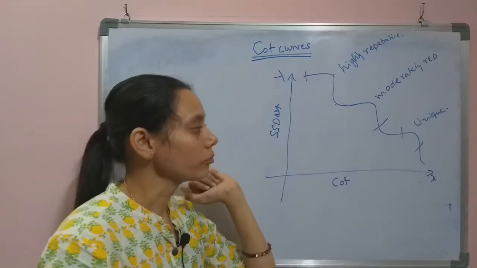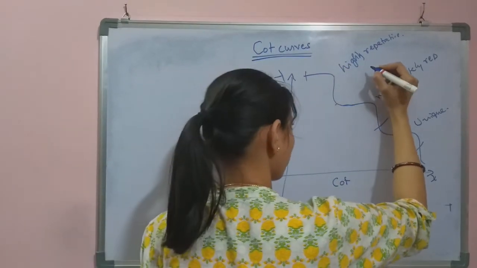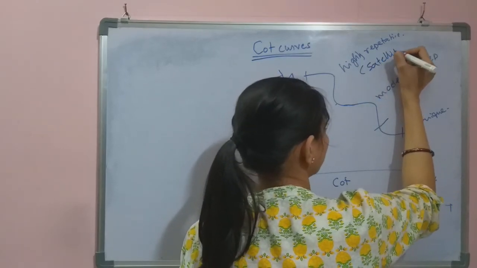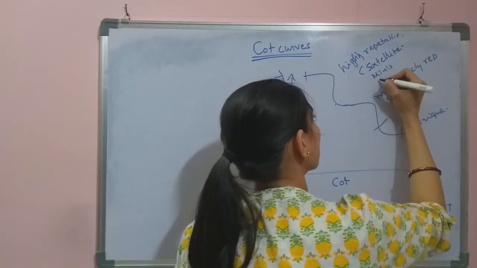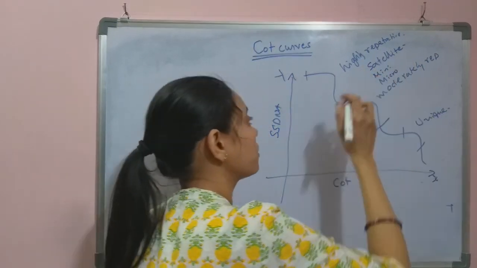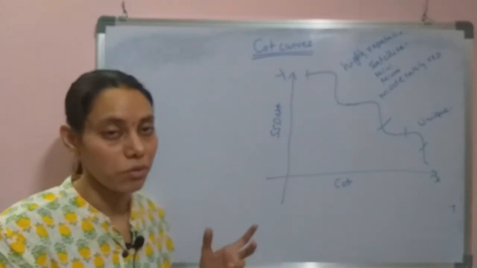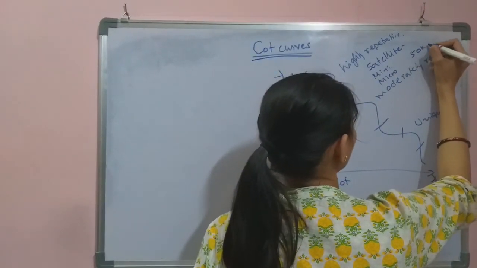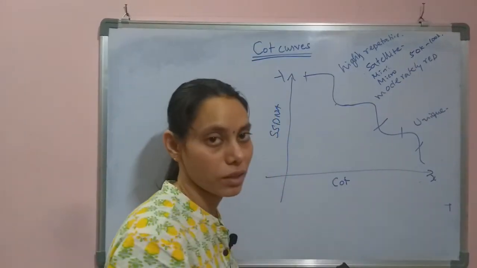Basically these highly repeating sequences, for example the satellite DNA, and also minisatellite and microsatellite, will repeat a much higher number of times than the other sequences. They may repeat from 50,000 to 1 lakh times, or maybe higher than that.